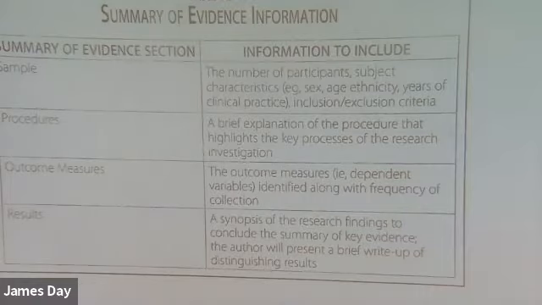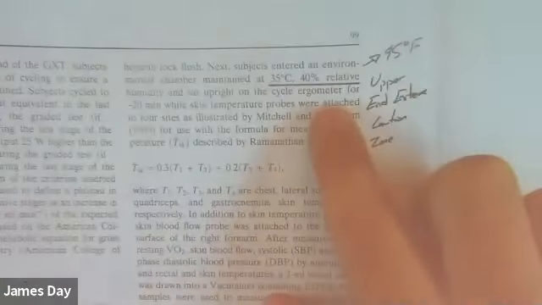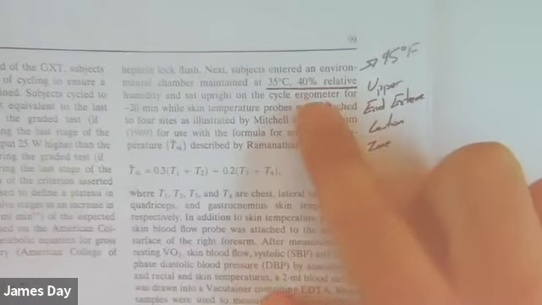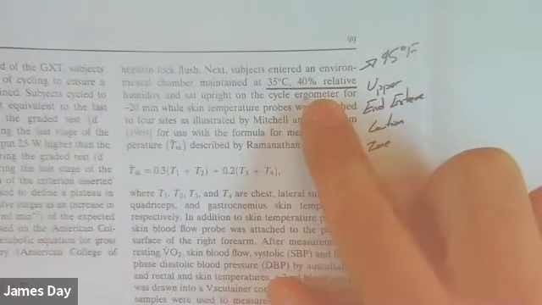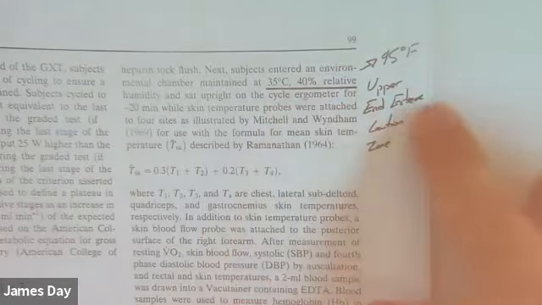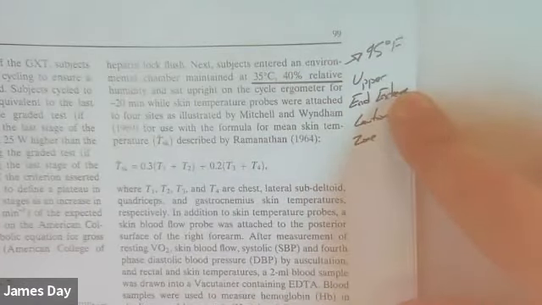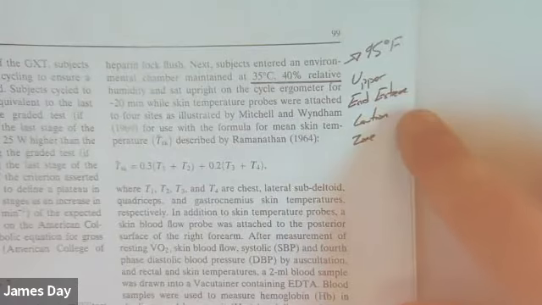So for example, they performed this exercise in a 35 degrees Celsius, 40% relative humidity heat chamber, right? That equates to 95 degrees with relative humidity. That's about 102 heat index, which is right at the very top of the extreme caution zone before they would recommend not exercising.